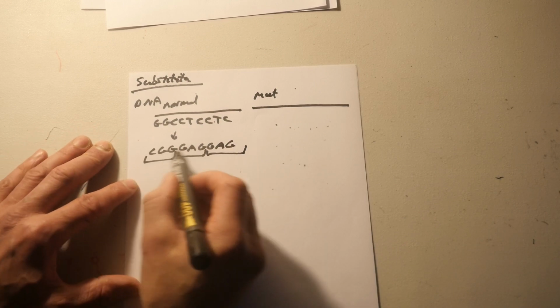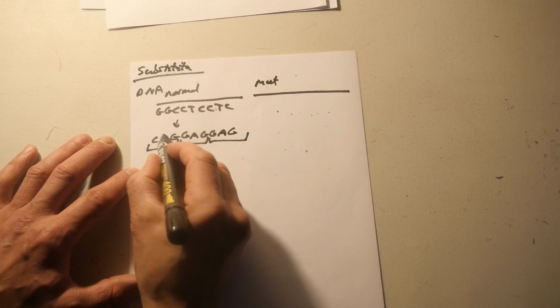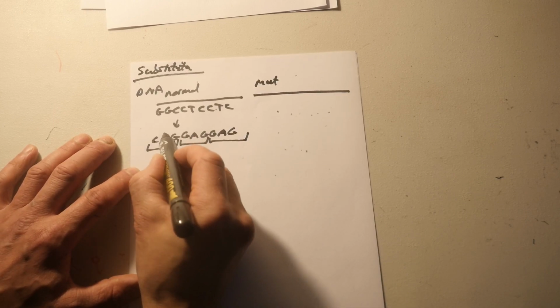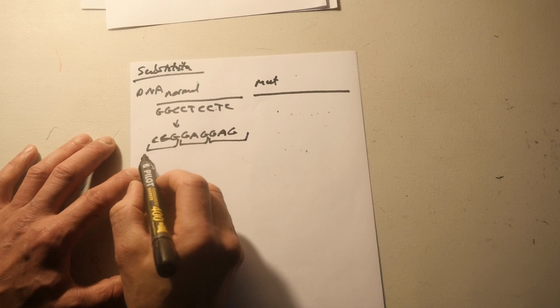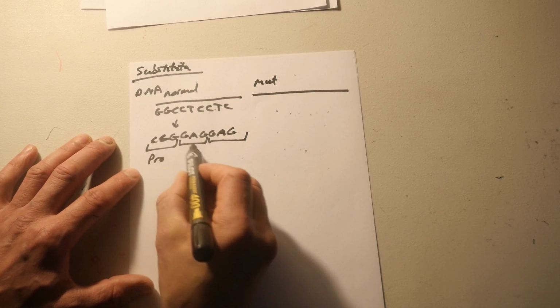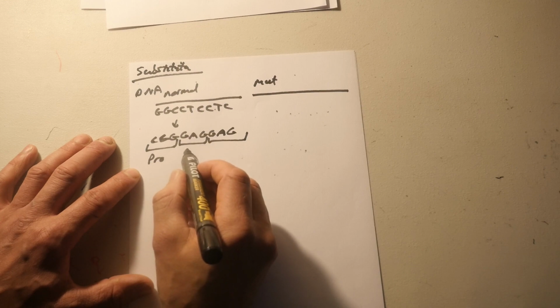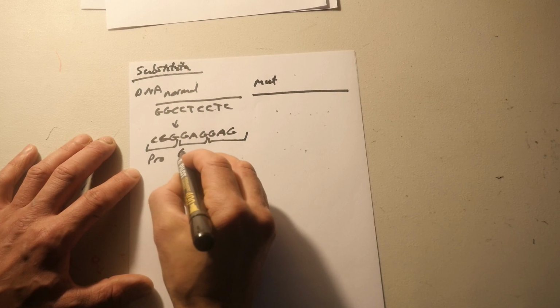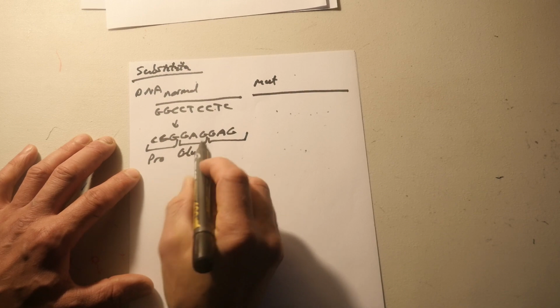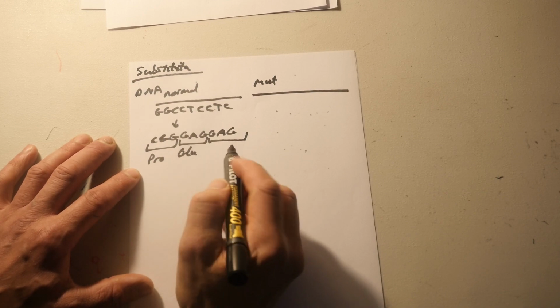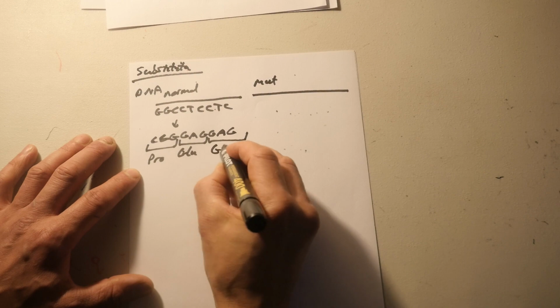These are bases, so that's C, C, G, that's proline. GAG, that's glutamic acid, and GAG is also glutamic acid.